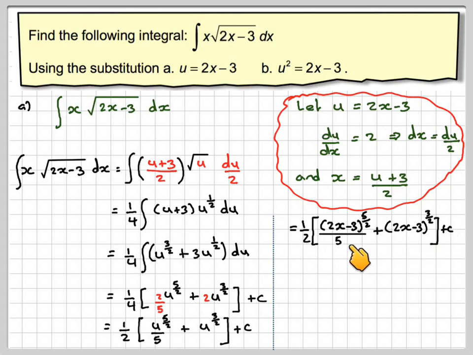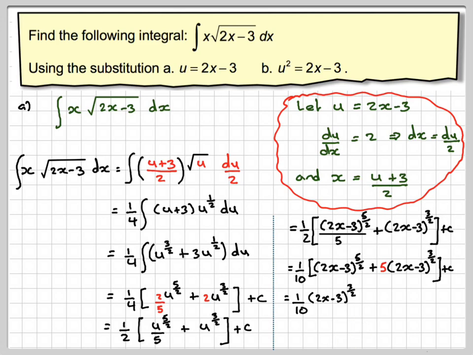Now that might be good enough to leave as the answer like that. However, there is a common factor here of (2x minus 3) to the 3 over 2. If we first make a common denominator, so we take that 5 up there, these will both be over 5, and we get 2 times 5, which is 1/10. Now take out a common factor of (2x minus 3) to the 3 over 2.